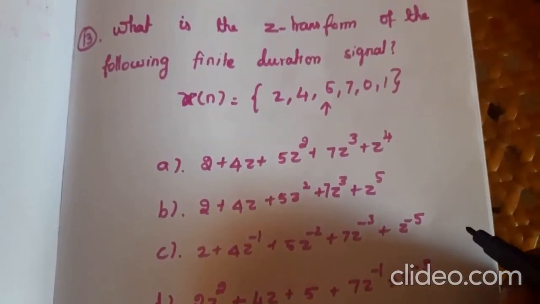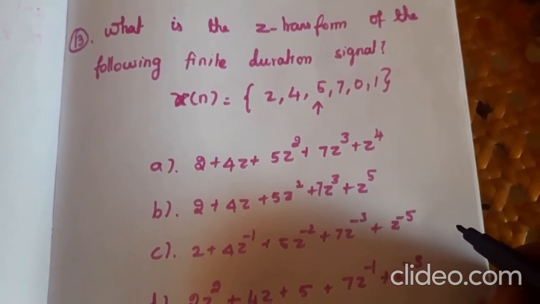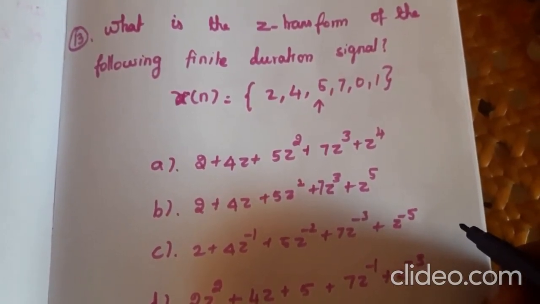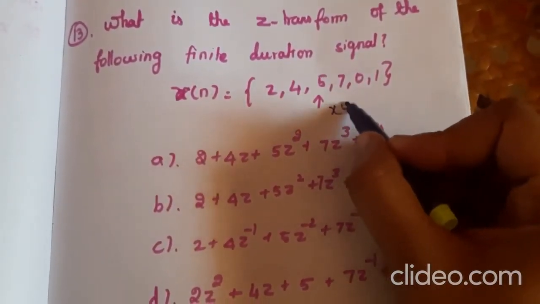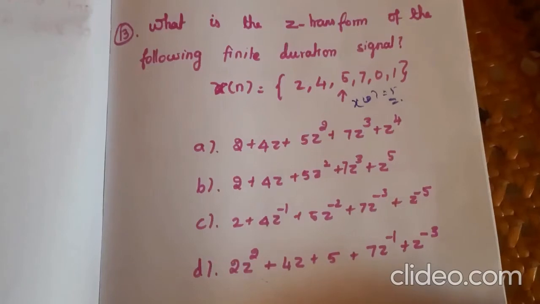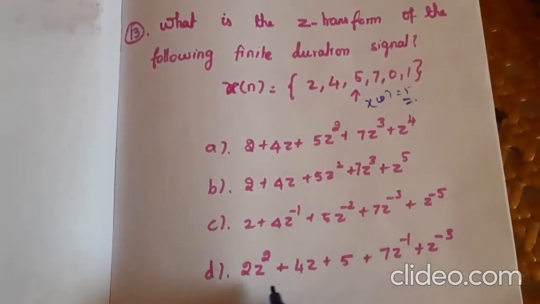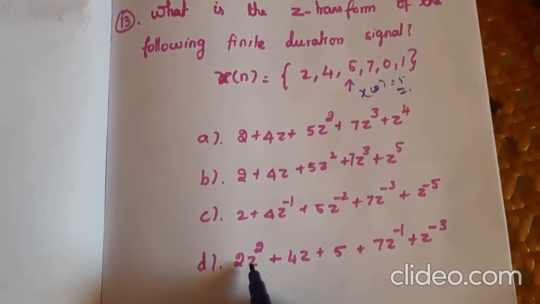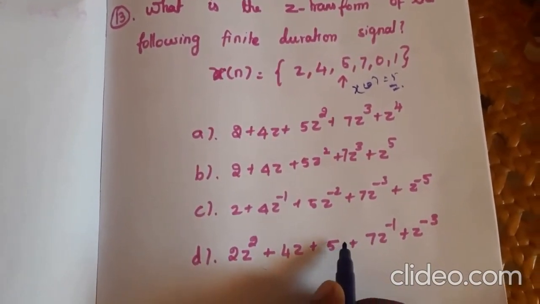13th question, what is the z transform of the following finite duration signal? X of n is equal to 2, 4, 5, 7, 0, 1, and the value started with, this means this x of 0 value is 5. So considering x of 0 is equal to 5, we will get the answer 2 z power 2 plus 4z plus 5 z power 0.